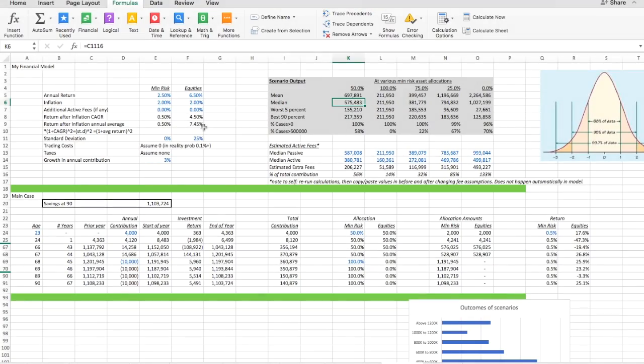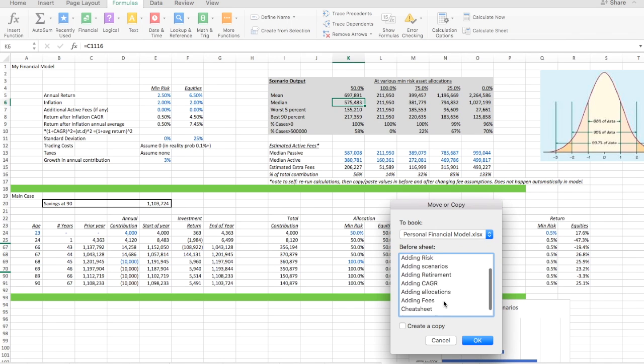But let's get back to the spreadsheet. So here we are back at the model, and just like in every other video, I'm going to start by creating a copy of the previous model.